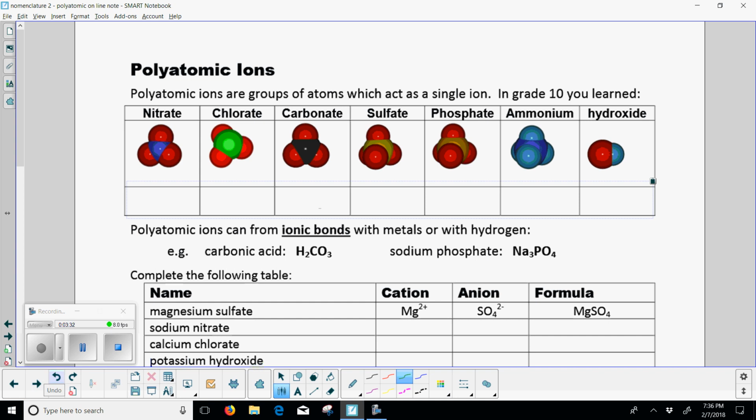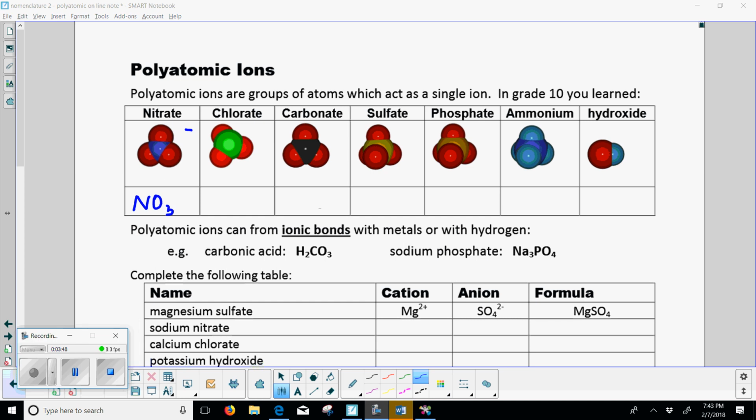So here's the handout that you have, and this is just a quick recap of some of the polyatomic ions that you learned about last year. So we have nitrate, and nitrate is NO3, and it has a charge of -1. The next polyatomic is chlorate, so it has a chlorine surrounded by 3 oxygens, so ClO3.